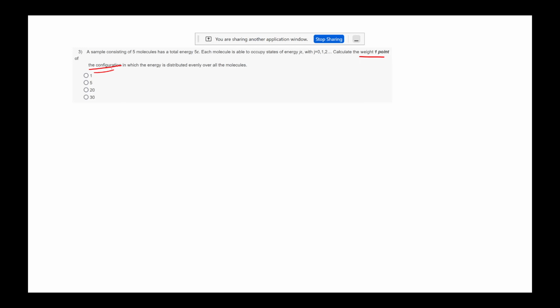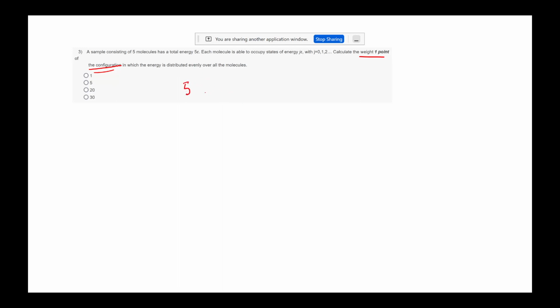This is pretty simple, right? Anyone? That means all the molecules must have the same energy. Yes, only one possibility is there. Mugilan, do you agree with it? There will be only one possibility.